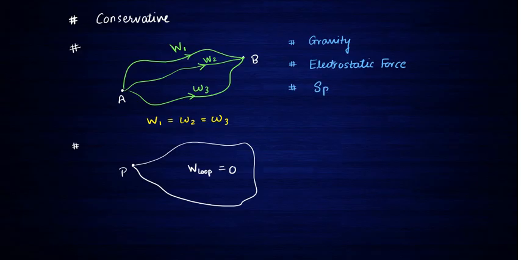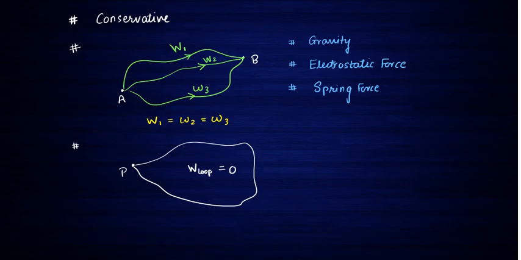All contact forces are electrostatic in nature. So these are the three that are naturally occurring. Otherwise also, we can artificially, mathematically construct the expression of a force that happens to be conservative in nature.